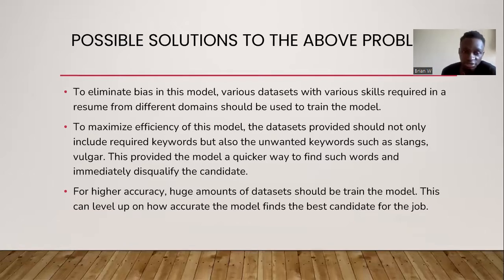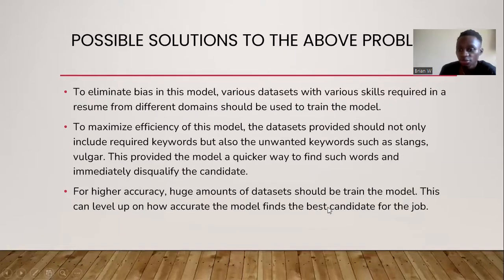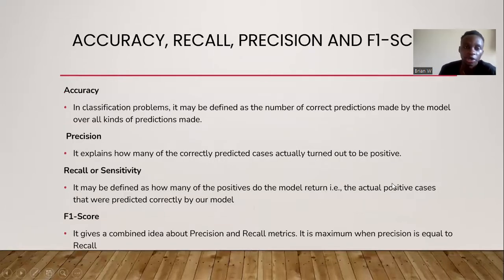For higher accuracy, huge amounts of data should be used to train the model, and this can level up how accurately the model finds the best candidate for the job. So we are going to look at the different terms, the different evaluation metrics that are used in AI. We have accuracy.